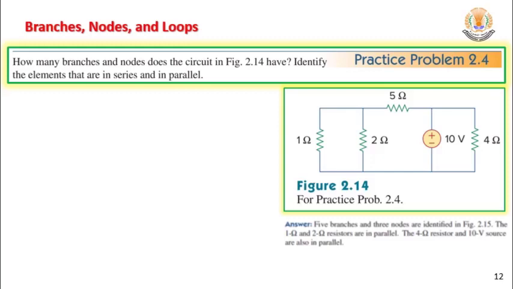And the combination of the 1 and 2, the combination of this part, is connected in series with the 5 ohms. Okay? Because later you can replace the 1 and 2 by one equivalent resistor. So the combination. I'm talking about the combination.